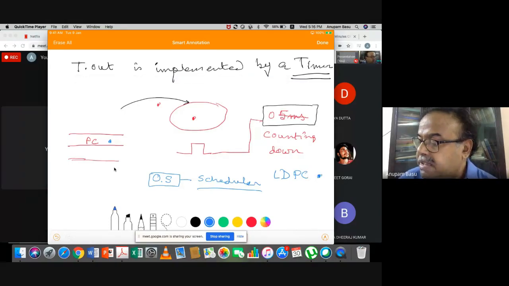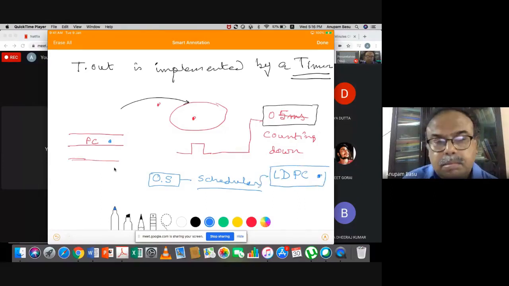Suppose this is an assembly language program statement. Say the scheduler executes an LDPC blue, load program counter with blue, and then this program counter automatically comes here.